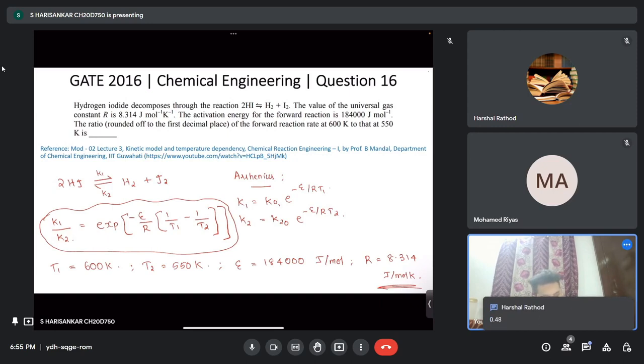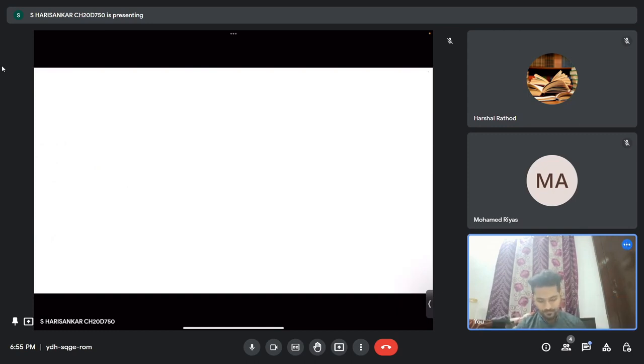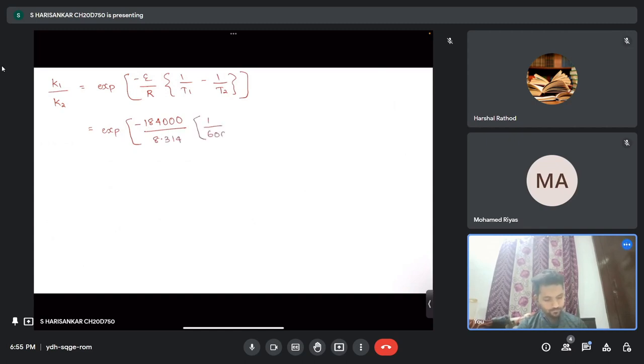So let us substitute it. K1 by K2 is equal to exponential of minus E by R into 1 by T1 minus 1 by T2, and this will be exponential of minus 184,000 by 8.314 into 1 by 600 minus 1 by 550.